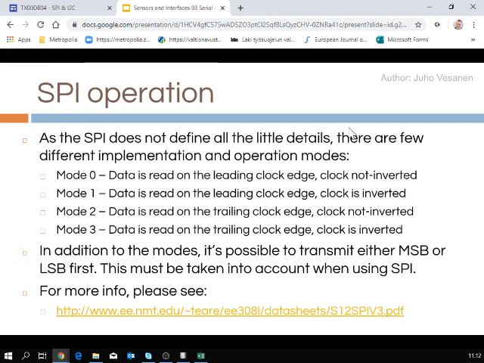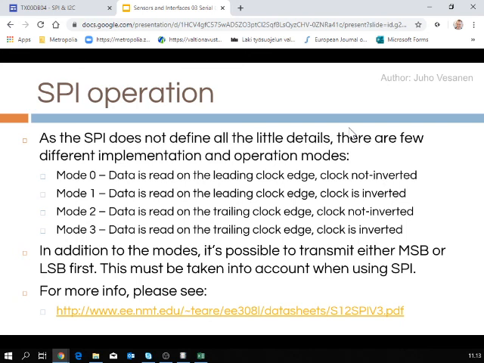Mode 0: read the data on the leading clock edge, clock not inverted. Or data is read on the leading clock edge, but the clock is inverted. And then, of course, trailing clock not inverted, trailing clock inverted. Depends totally on the device.